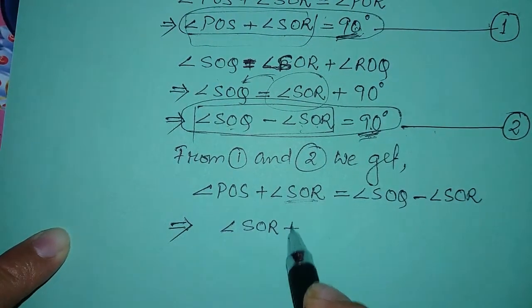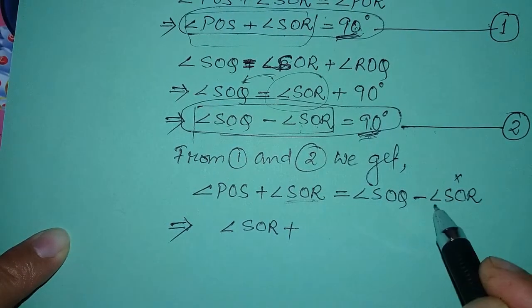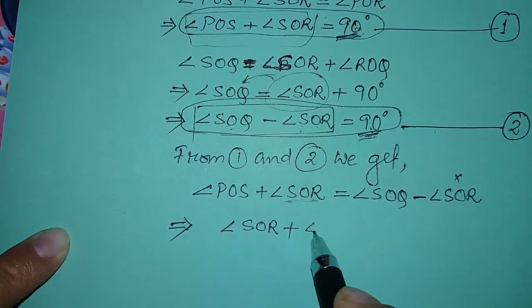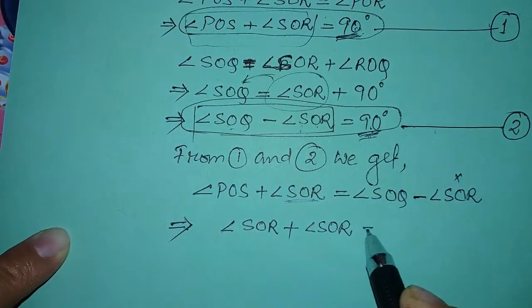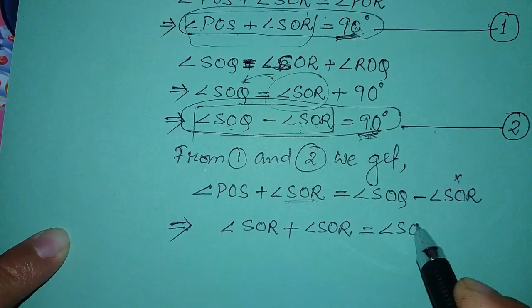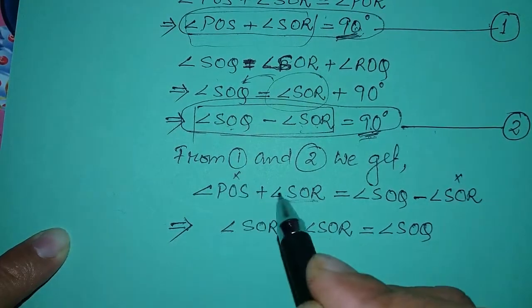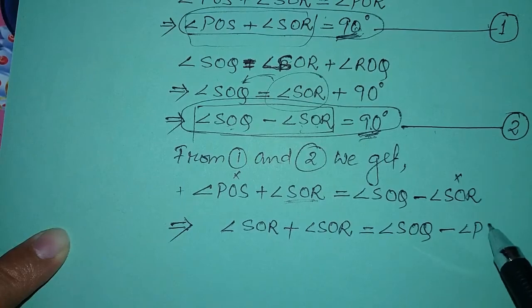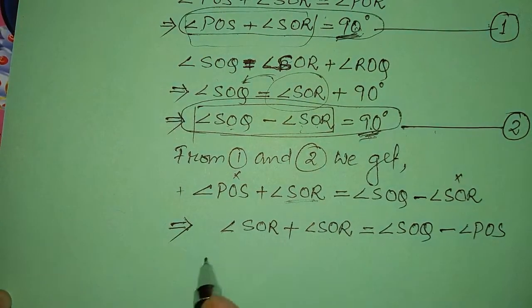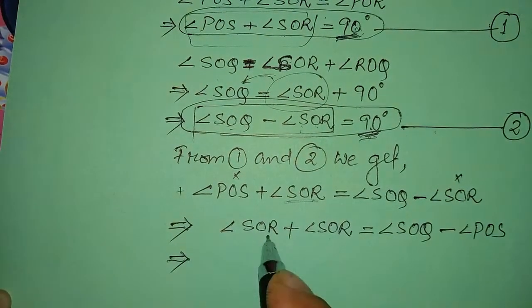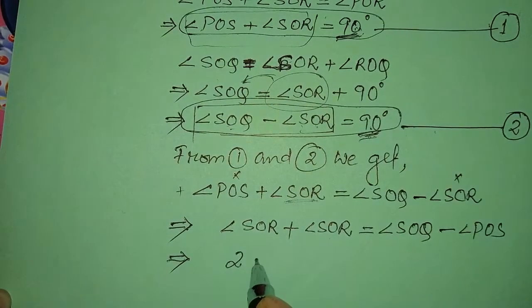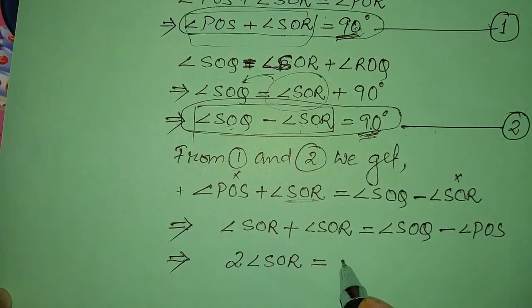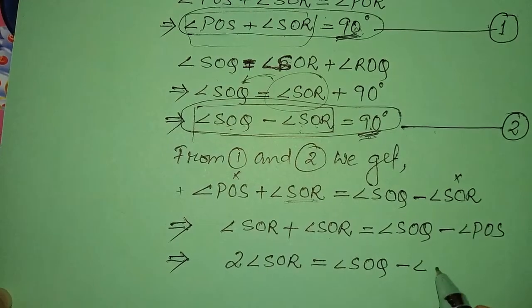So this minus becomes plus, and angle POS is transposed to the right hand side, so plus is now minus. So twice angle SOR is angle SOQ minus angle POS.